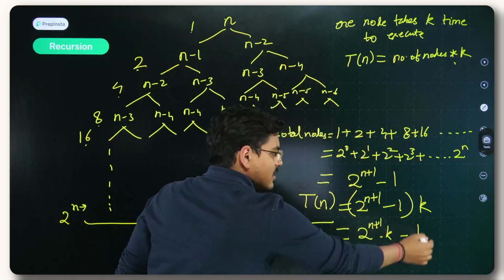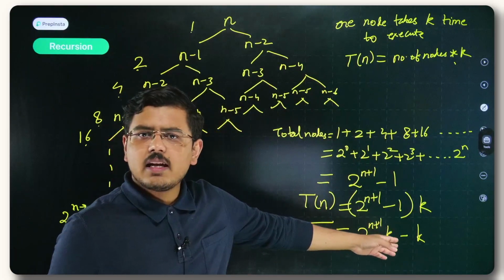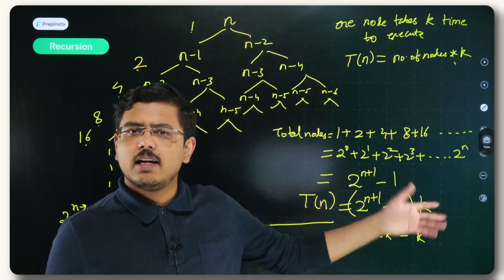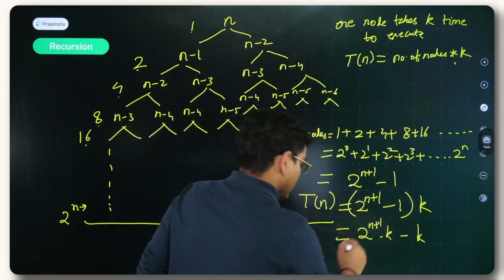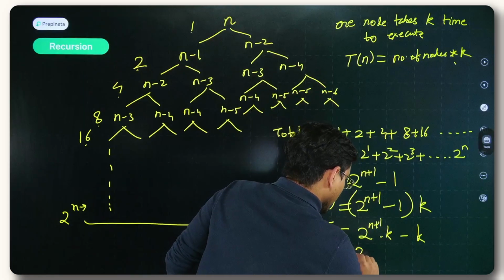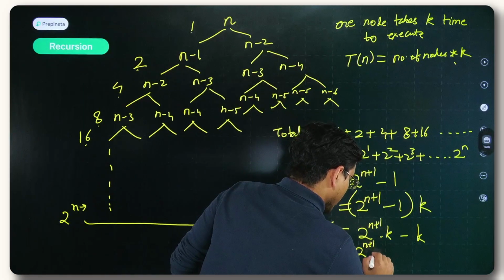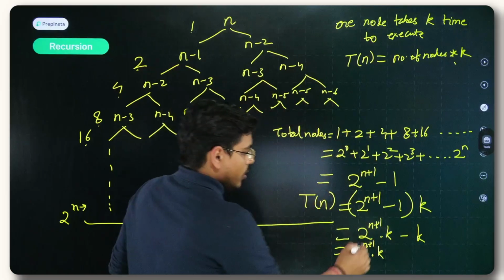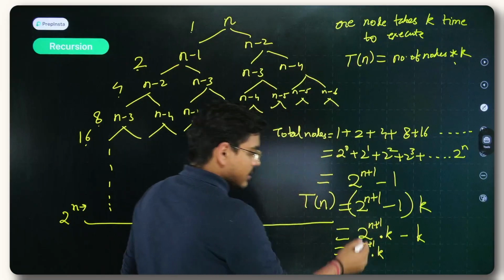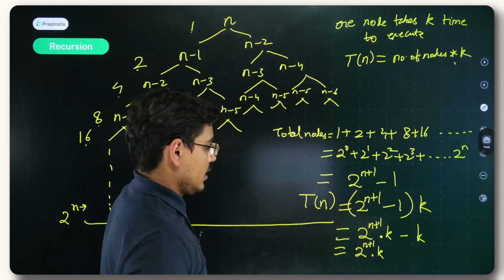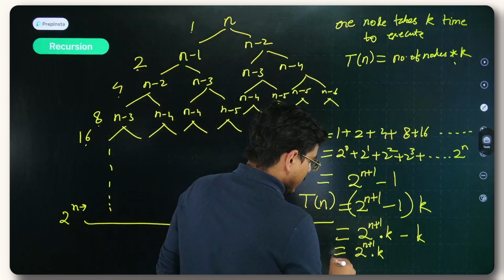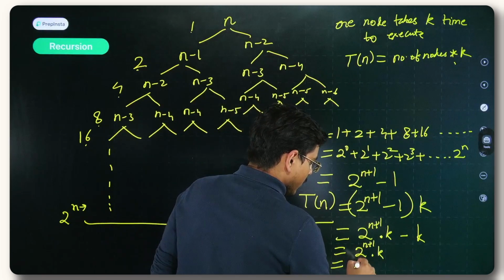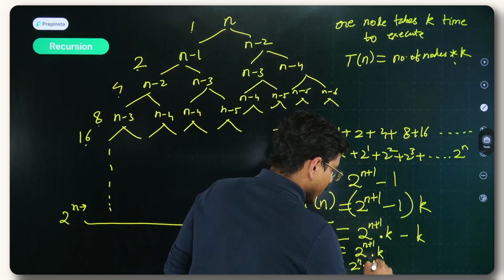So this minus k can be easily neglected, isn't it? Why can it be neglected? It is a small constant, so I let go of it. What I'll get is 2's power n plus 1 into k. So when you build this kind of function, we can go one step further and write this as 2's power n into 2k.